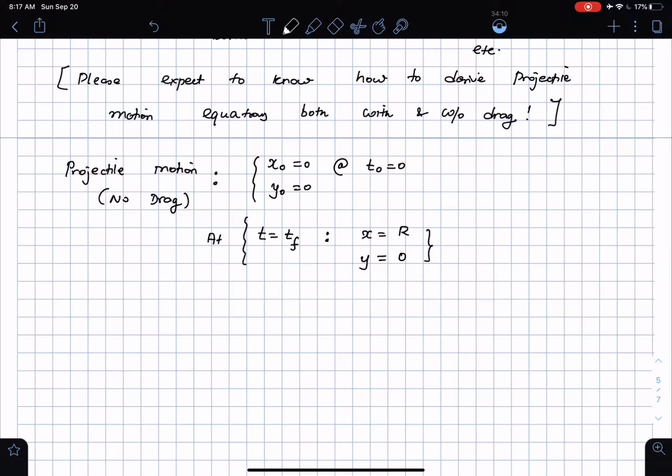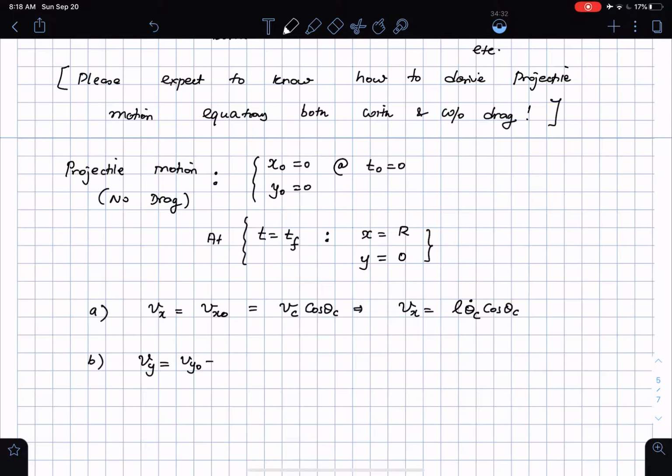Now I'm just going to go back and look at my projectile motion equations. So what are the equations? I have vx is equal to vx naught, which is going to be vc times cosine theta c, so vx is going to be L theta dot c cosine theta c. Then vy is vy naught minus g times t minus t naught.